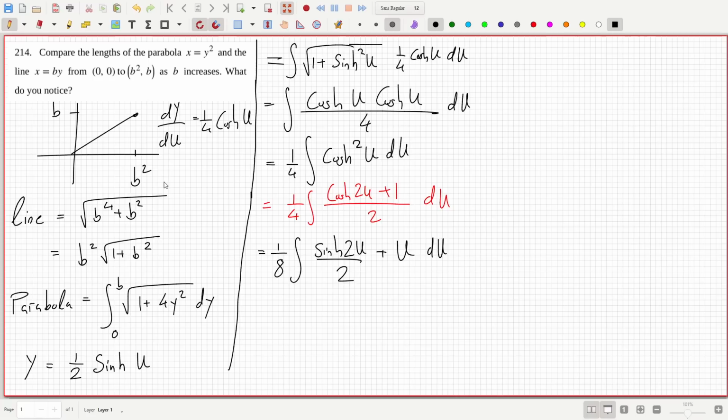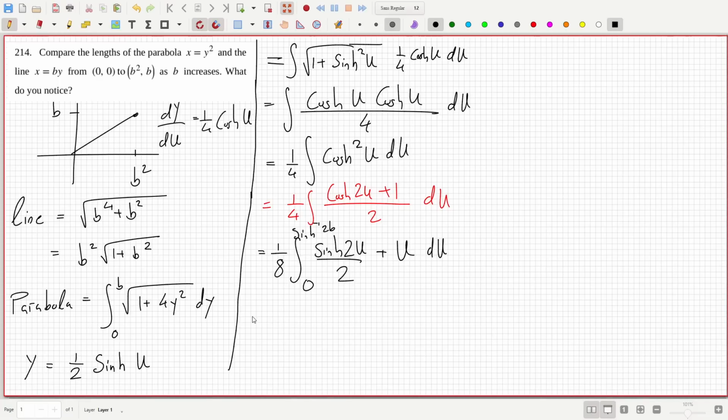The first limit was 0, so y equals 0 means u is 0. And then the second limit was b. So if that's b, the u would have to be sine inverse 2b.